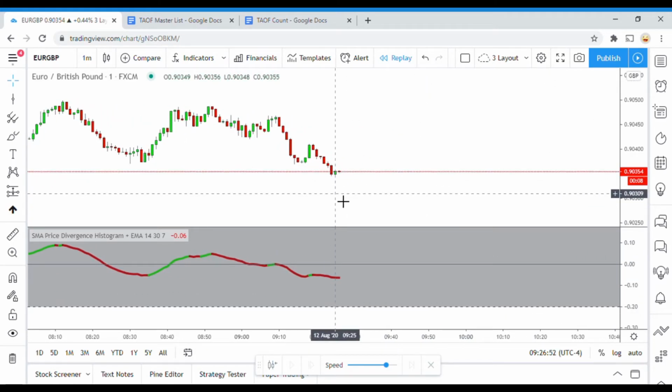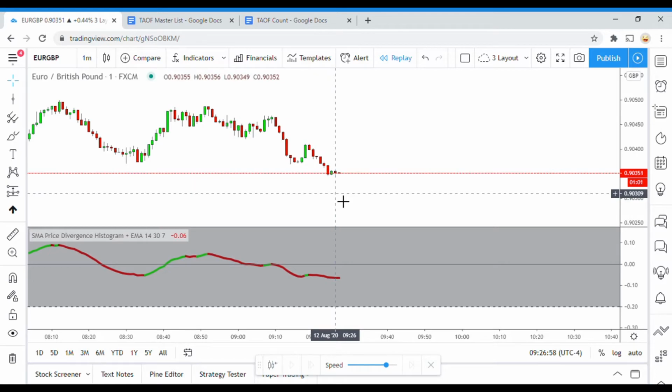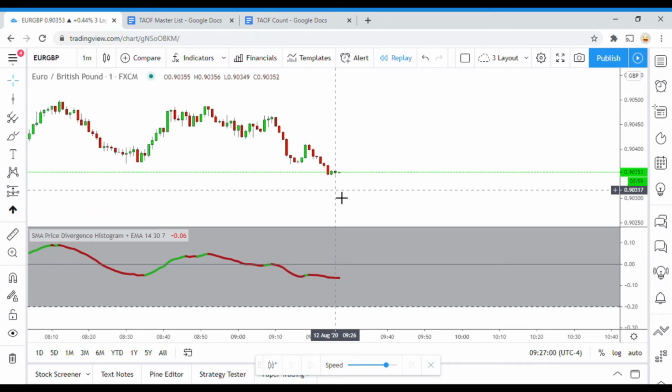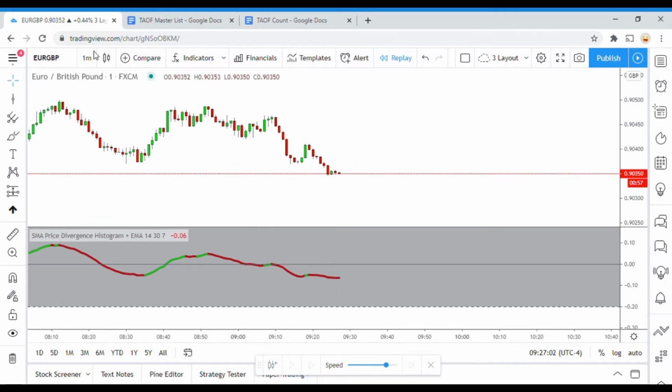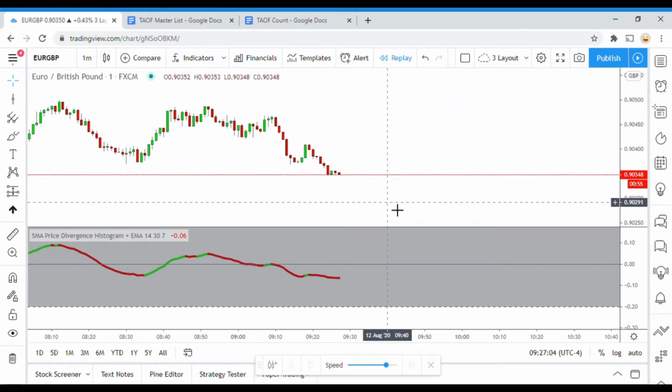But what you can do in these instances is forward test it, basically, or test it in real time. So you can throw it up on a 1 minute chart, or if you can get even lower, I don't even have the upgraded package to get down to the 1 second.